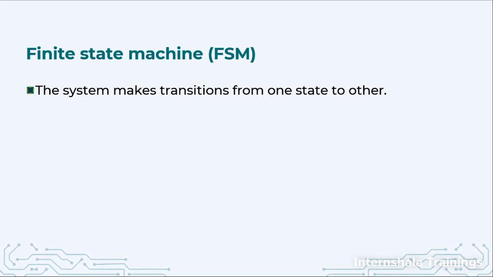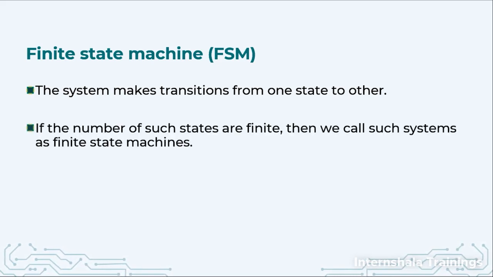These are called transitions. If the number of such states, that means how many sequences or how many steps we are going to take in computing the final output, is fixed or finite in number, then we call the system a finite state machine.